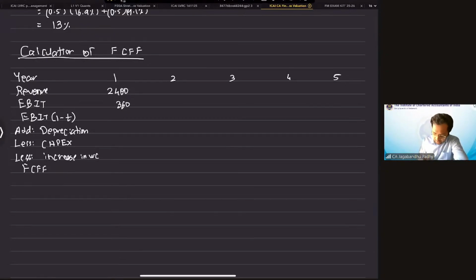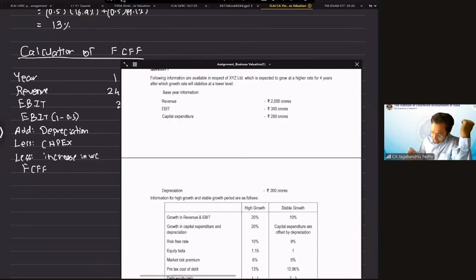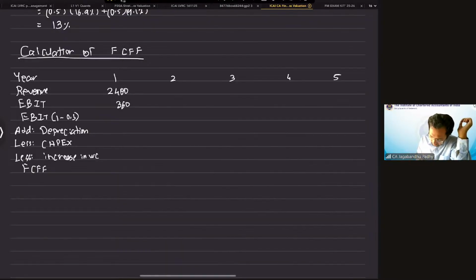Then you get EBIT into 1 minus T, which is EBIT into 1 minus 0.3, the post-tax EBIT. We'll add back the depreciation. They're also saying that capital expenditure and depreciation are both going to increase by 20%. Depreciation is 200, so that becomes 240. Capex also grows by 20%, which will be 336.